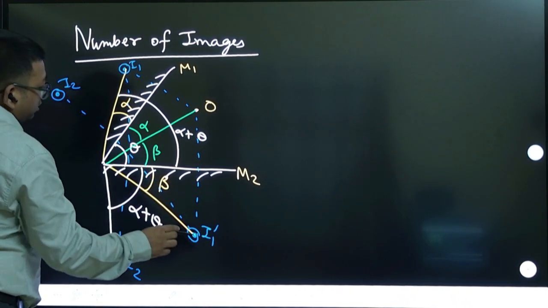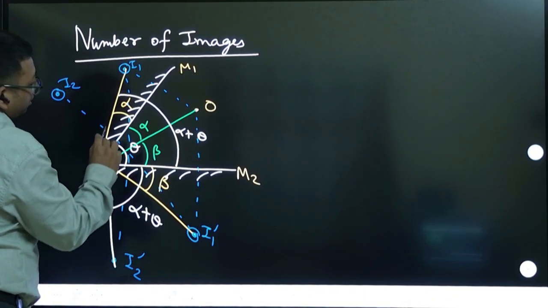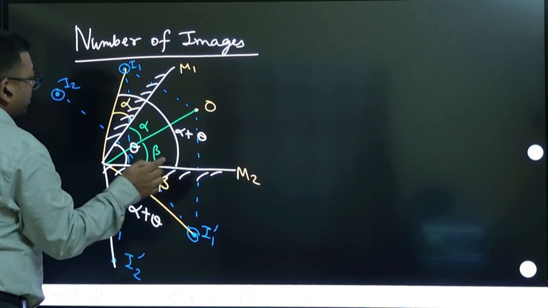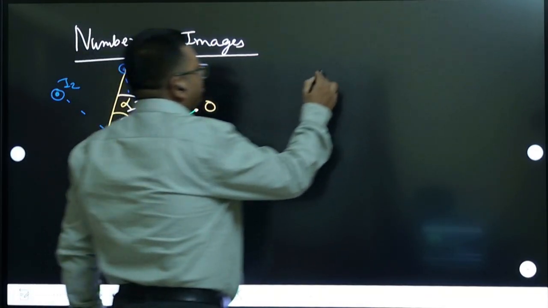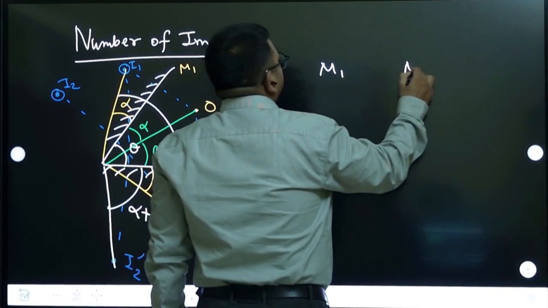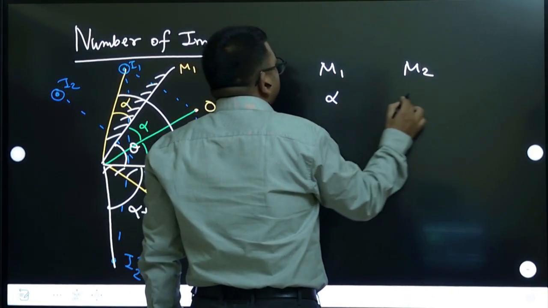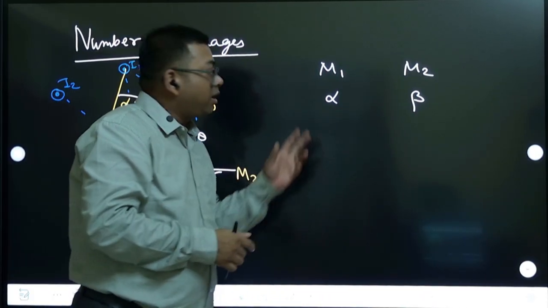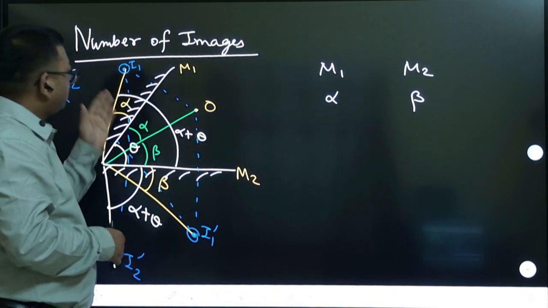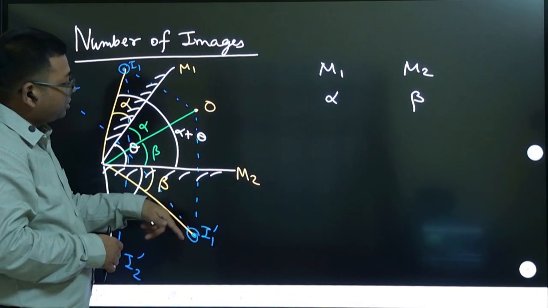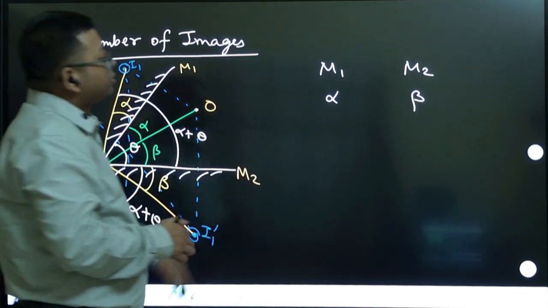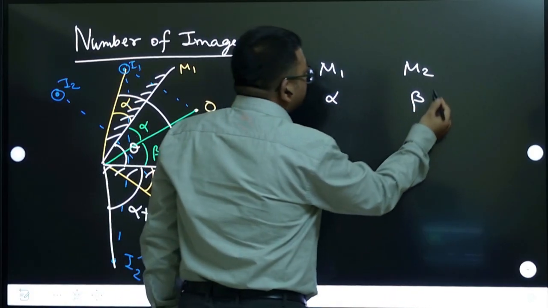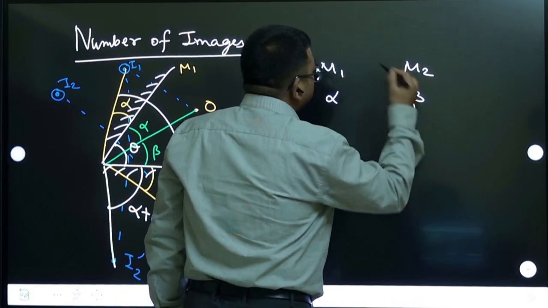Similarly, this image is forming theta plus beta, so this image will be making theta plus beta here. So by symmetry, we will apply this method. M1, M2 we tie, and we write alpha and beta. Alpha and beta represent the images. Alpha represents the first image formed in the first mirror, beta represents the first image formed in the second mirror, right?